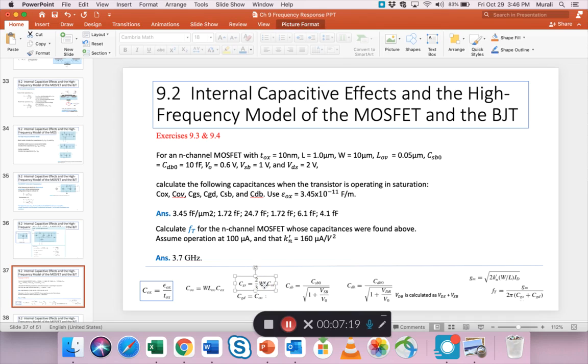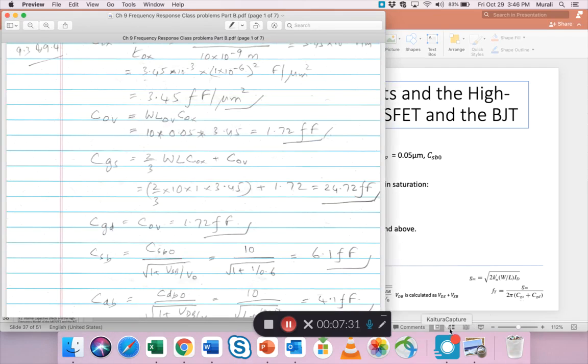CGS is this plus COV that we calculated above, so that adds up to this. CGD is nothing but COV.